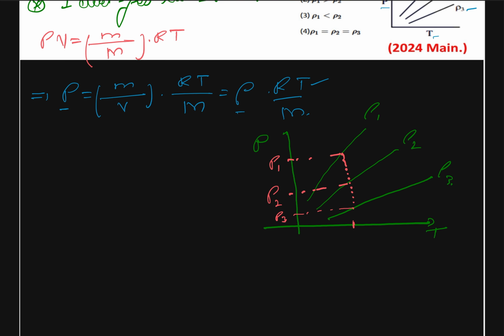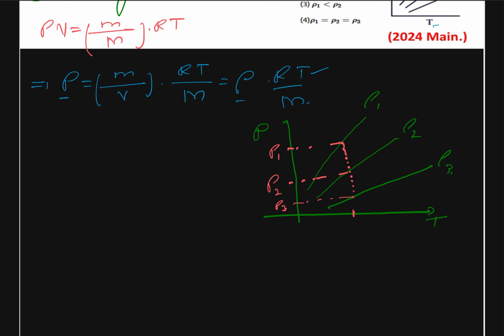So from the graph we can say, or from the equation, let me write it again. So we get the pressure is equal to density RT upon M. Now we have fixed one particular value of temperature, so we can say this temperature is constant. Therefore from here we can say our pressure P is proportional to our density.